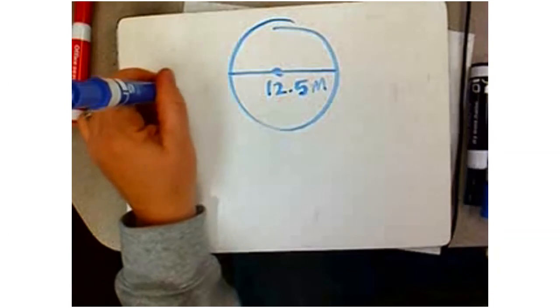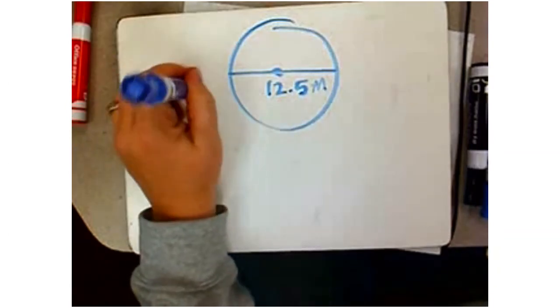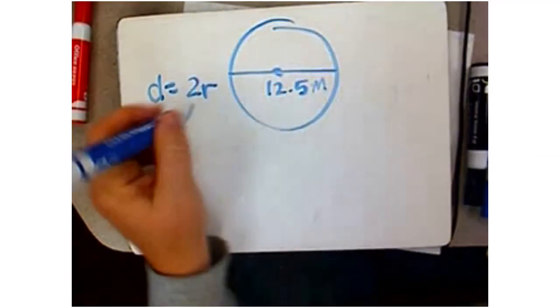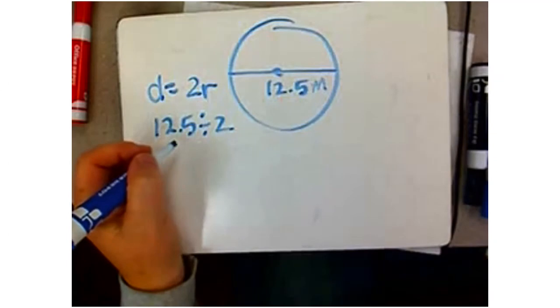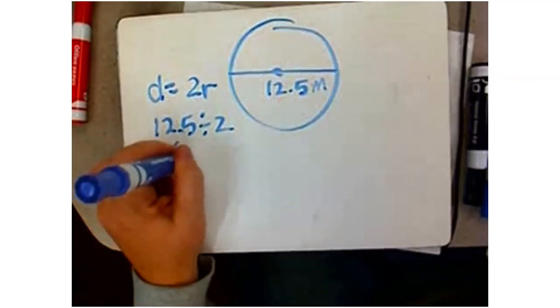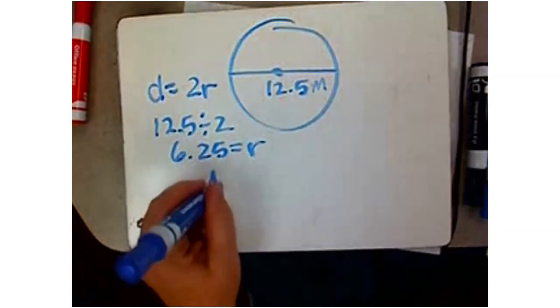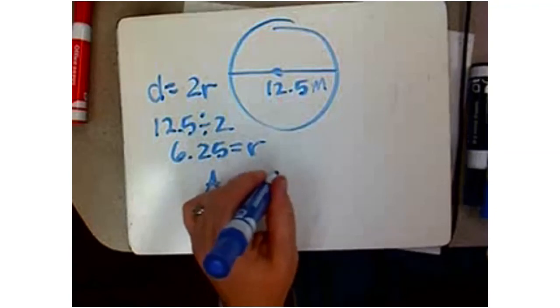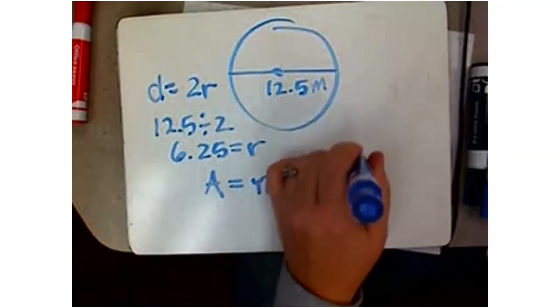Remember that the diameter equals 2 r's together, so we're going to divide the diameter by 2. 12.5 divided by 2 would be 6.25. That's our radius. So then we're going to have area equals pi times 6.25 to the second power.